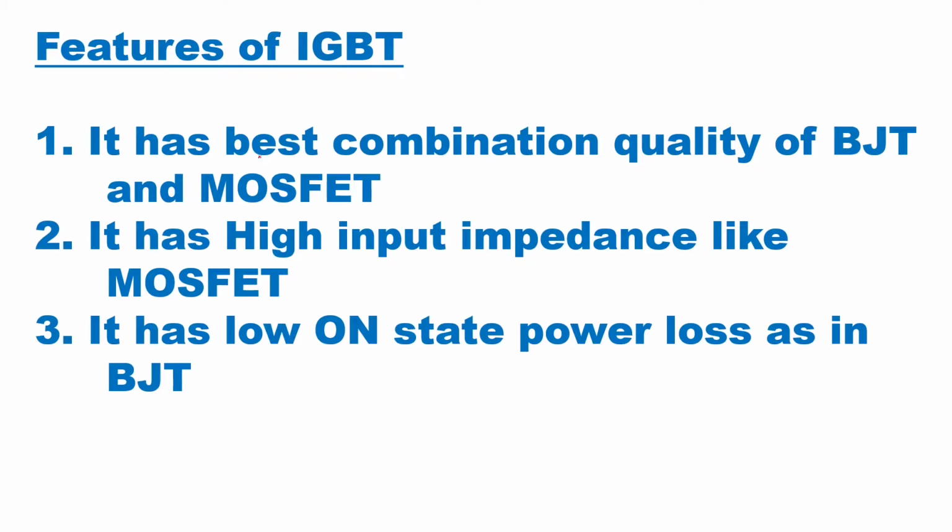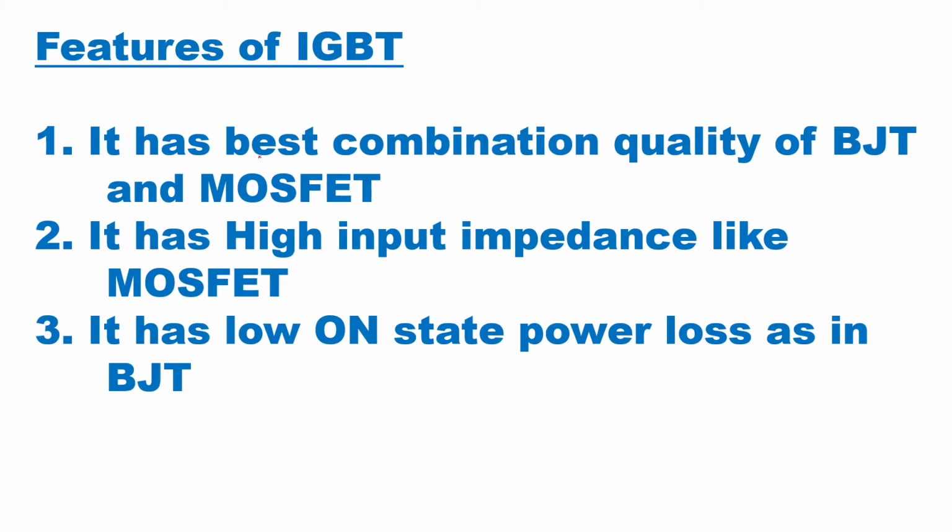As I've told you, the best features of IGBT are the best feature of MOSFET, which is high input impedance, and the best feature of BJT, which is low on-state power loss. High input impedance is taken from MOSFET, and low on-state power loss is taken from BJT, and both these advantages are put into IGBT.